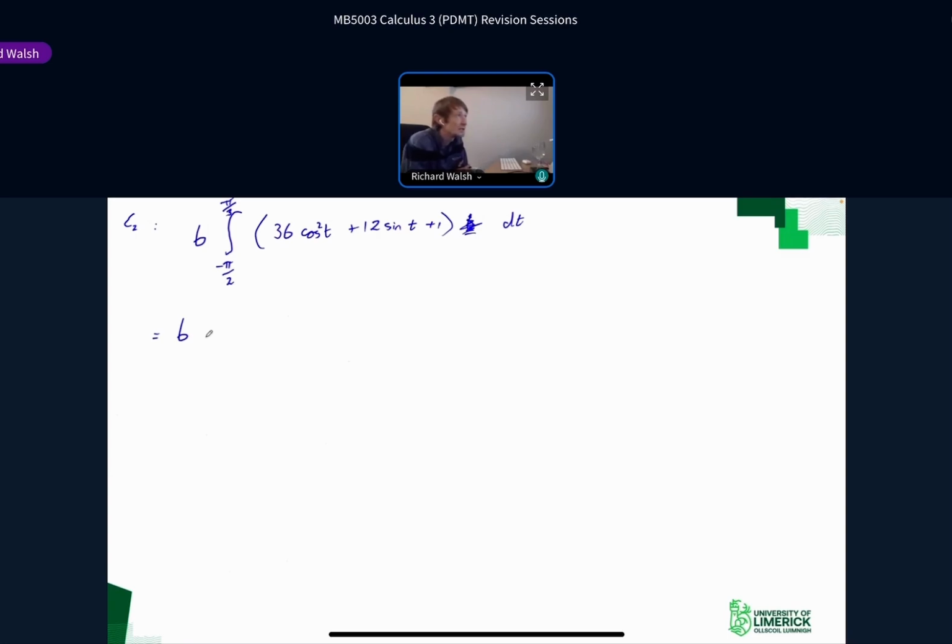But likewise, if it was sine squared, we use the double angle identities. Students always ask, is it always this way? Yes, it's always this way for even powers. In the tables, you'll see a formula in the trigonometry page for cos.